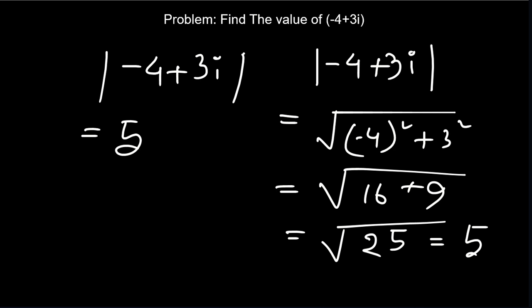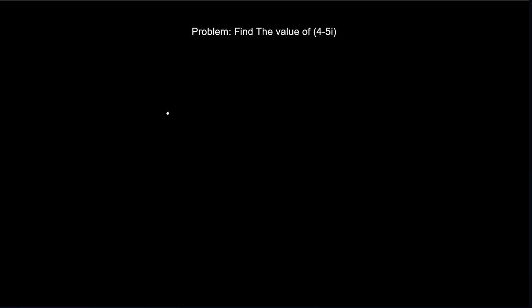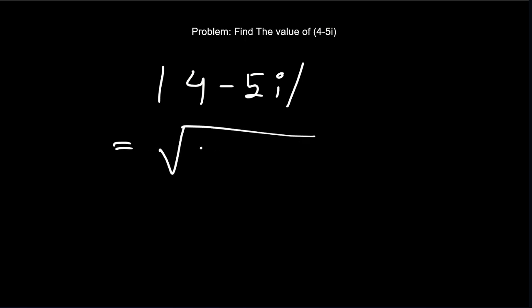The value is 5. So let's start another math: 4 minus 5i. We start with the modulus. The modulus of 4 minus 5i equals root over 4 squared minus 5 squared.